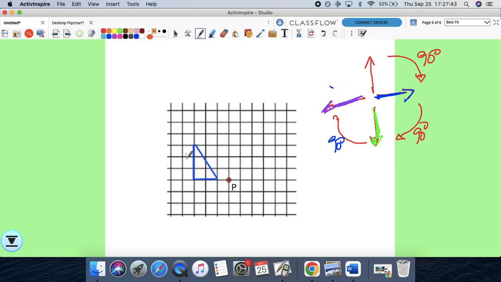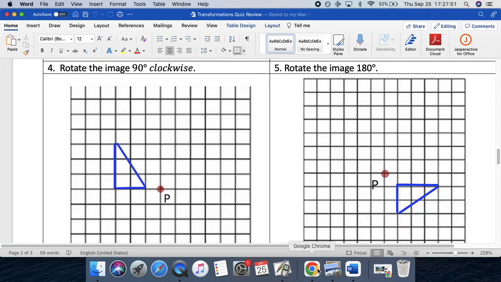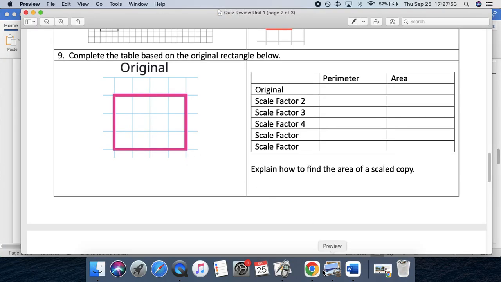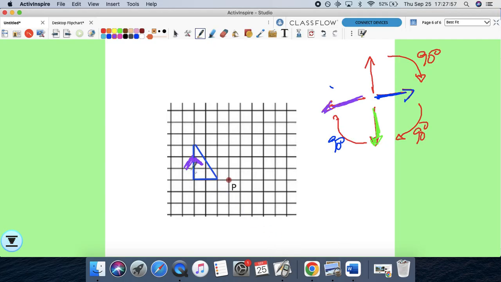Same thing with the triangle. So you can make a little arrow if you want here. Let me make the arrow. So what did it say? It said rotate 90 degrees clockwise. Okay. So this triangle, I want to rotate 90 degrees clockwise. I'm going to put an arrow here to mimic what we did over here.